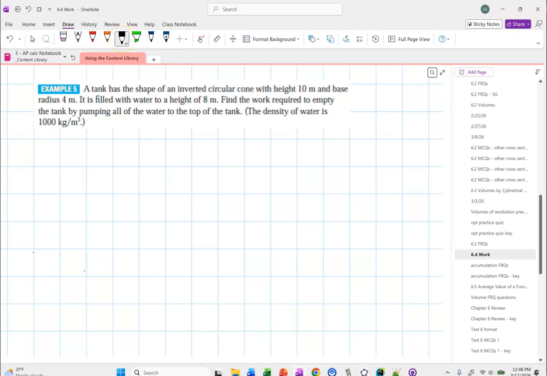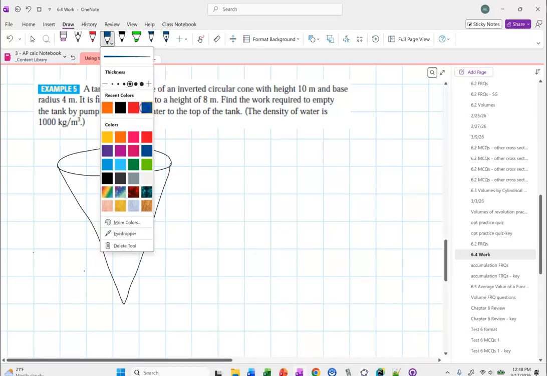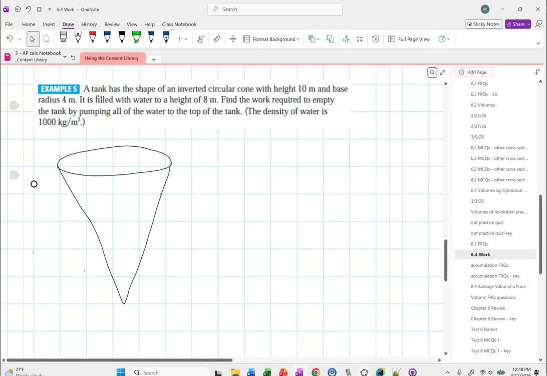All right, well, let's start by drawing a picture. It's all of our favorite scenario, right? We love these waters filling up cone situations. I know I do. I don't know about you guys.